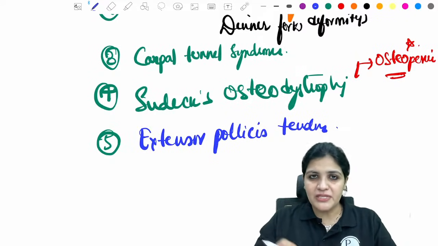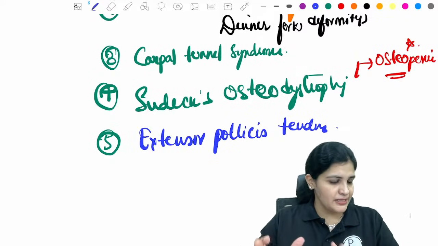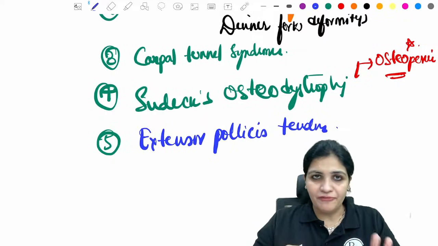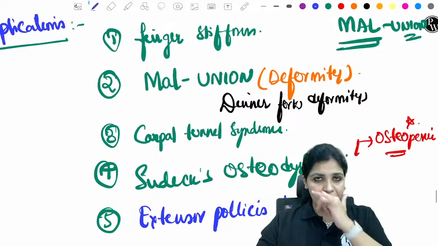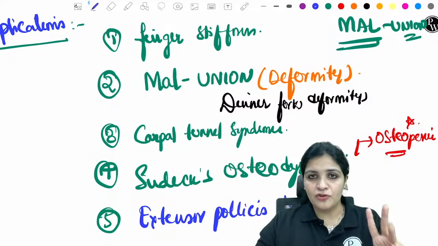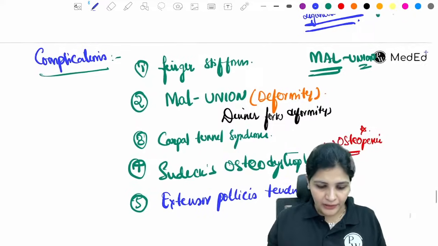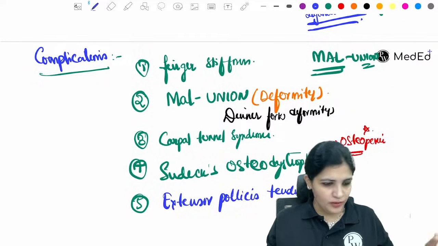So there is a rupture of the EPL, the extensor pollicis longus tendon. These are the complications of the Colles fracture which you have to remember. The first is malunion, then carpal tunnel syndrome, then Sudeck's osteodystrophy. These three are very important. So that is the Colles fracture.